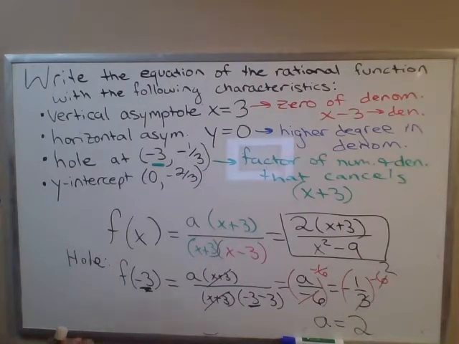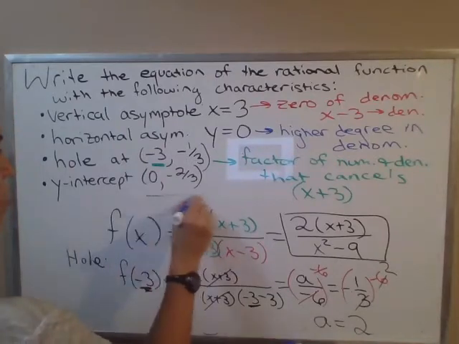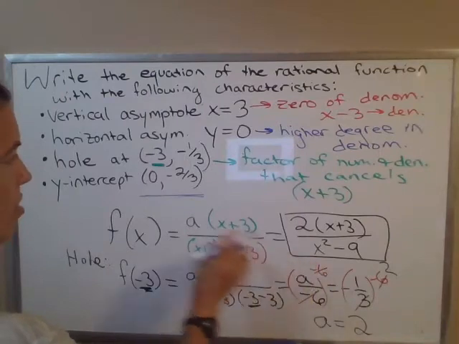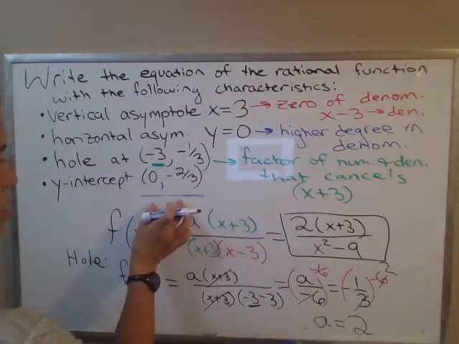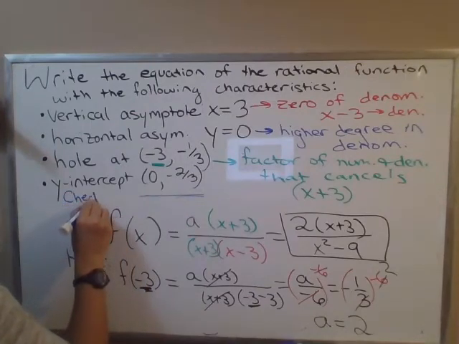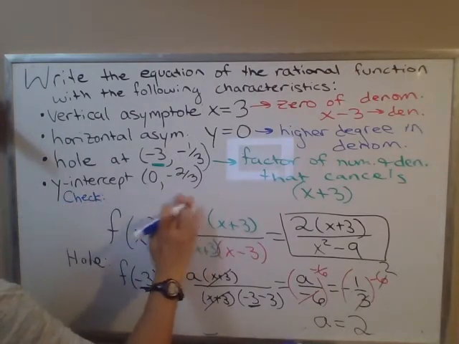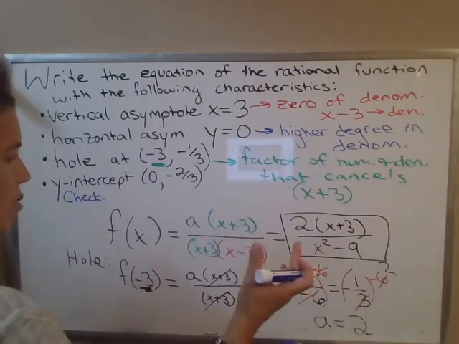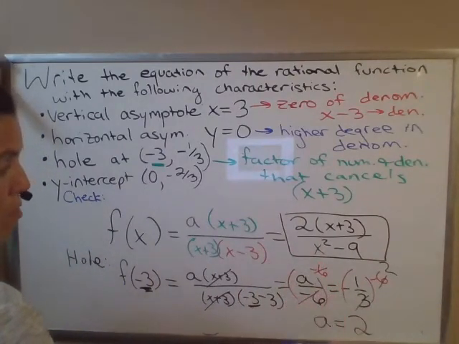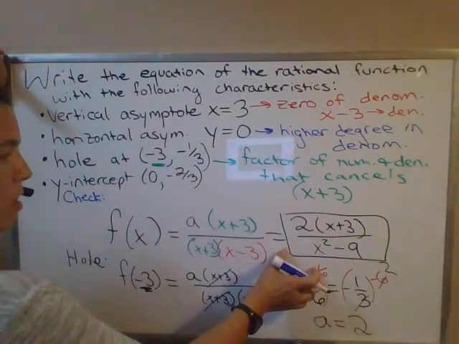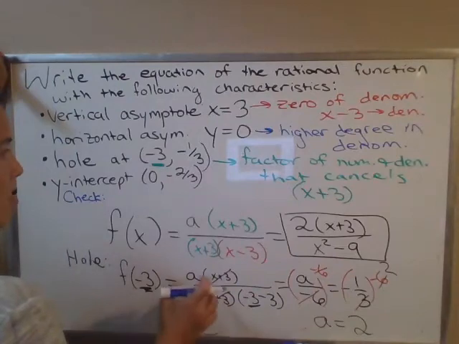So the one thing left that we haven't talked about is the y-intercept at 0, negative 2/3. So let's just verify that what we've come up with satisfies this requirement. Check if we need to make any adjustment before we even worry about what adjustment we would need to make. Start by checking if your existing equation here already satisfies it.